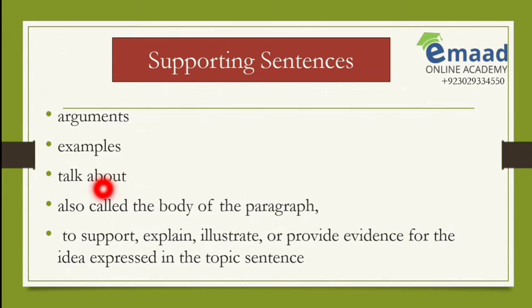So these are the supporting details, arguments, illustrations, explanation. It is also called the body of the paragraph, and these supporting sentences provide support. Maybe they are explaining the thing that you have mentioned in the topic sentence. They might be illustrating. They might be providing evidence for the idea expressed in the topic sentence.